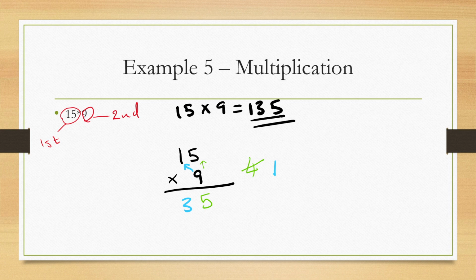And then 9 plus 4 is 13. So you put the 3 here and you carry the 1 over. Remember, each time you use the carried values, you need to cross them out so you don't get confused with the ones you haven't used.